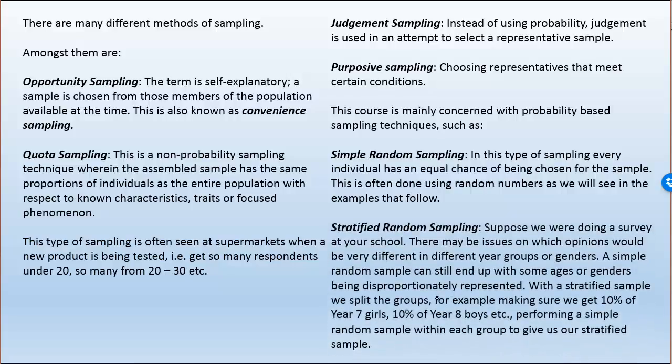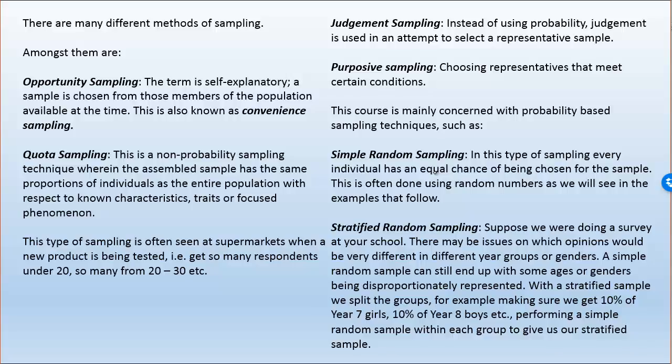Stratified random sampling is designed to reduce any possible bias. Bias can still creep in with simple random sampling, even though the sample is drawn at random. Think about your school. You might want to draw a random sample of 10% of people in your school.